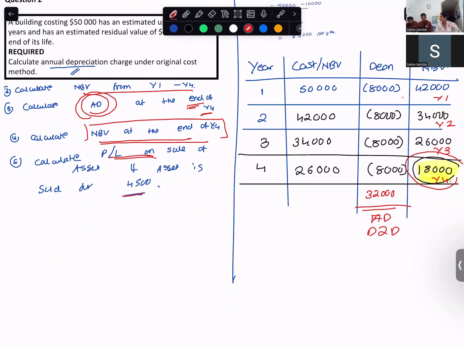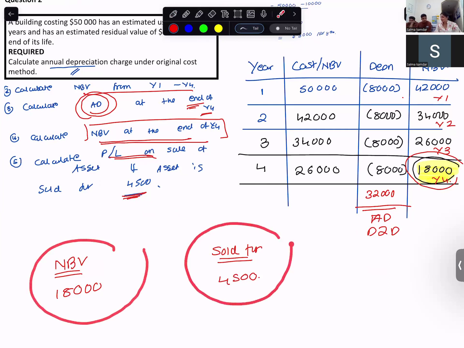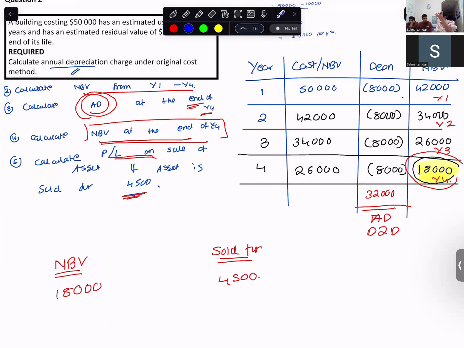Profit or loss on sale of asset, if asset is sold for 4,500. Net book value of asset is 18,000. It is sold for 4,500. An asset whose value is 18,000 is sold for 4,500. That means the value is more and I'm selling it for less.